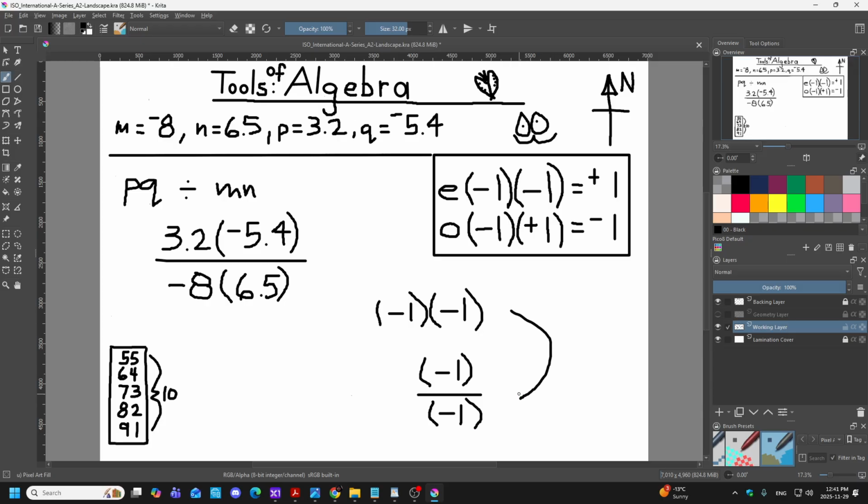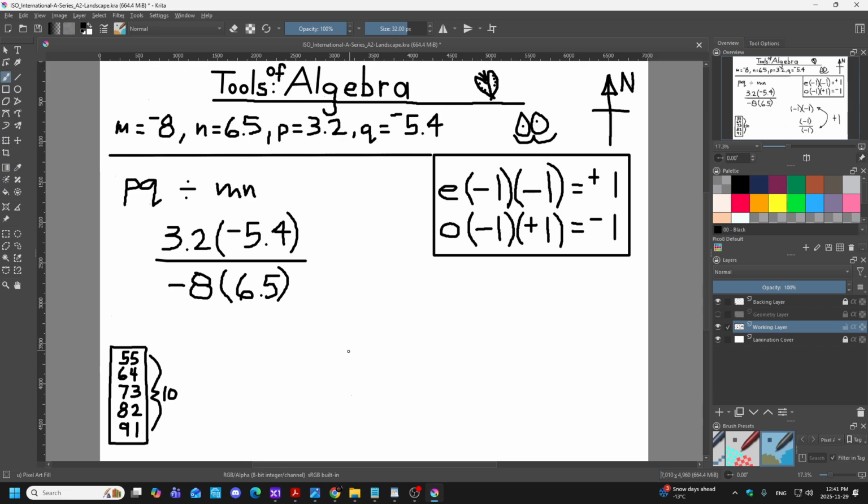In both cases, you're going to end up with a positive. Even number, 1, 2. Even number, 1, 2. So therefore my answer is going to be a positive.